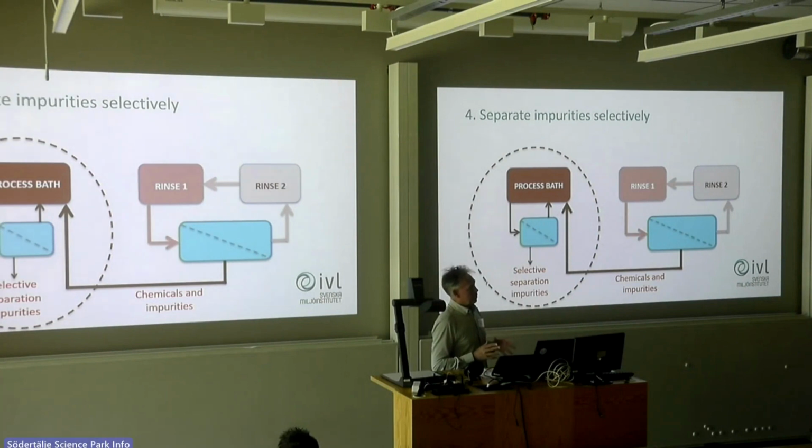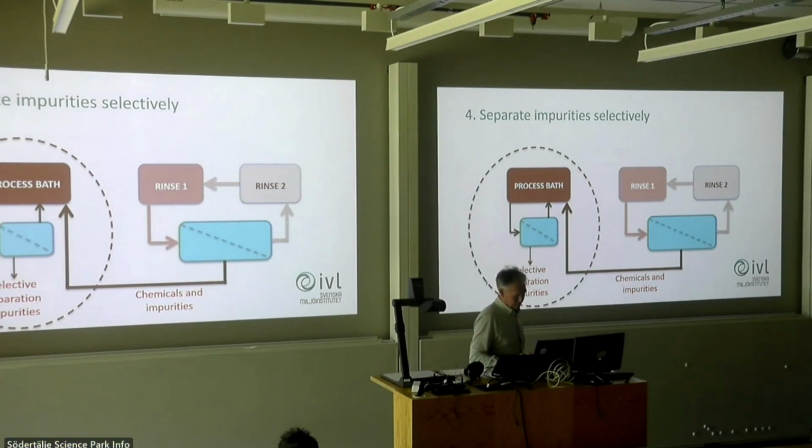The quality department wants you to have control. Now you have good knowledge about your process, but now this is more my part of it. Now when you know what should be separated, you could actually start to selectively separate the impurities from the process path.